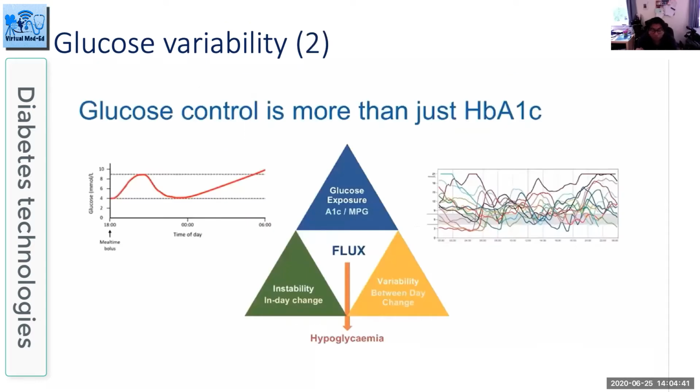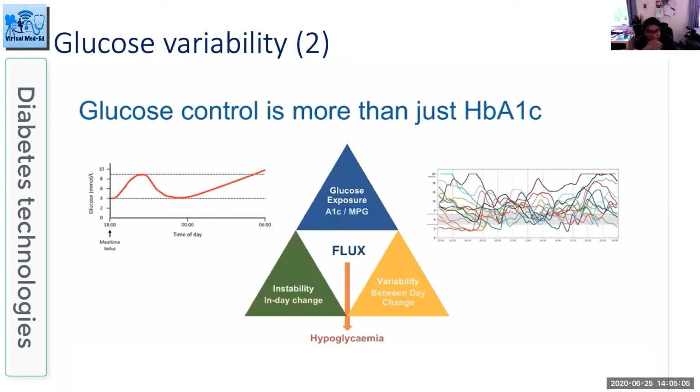Right, okay, so when we talk about glucose variability, there are 2 parts to it. You can get glucose variability within a day, but also variability from day to day. If you look at the left-hand corner of the graph, that's a typical glucose excursion after a meal.